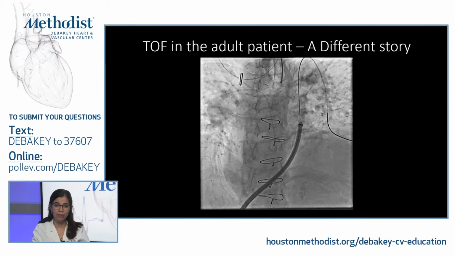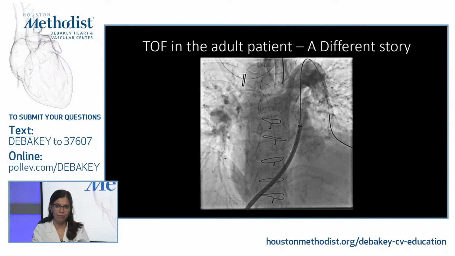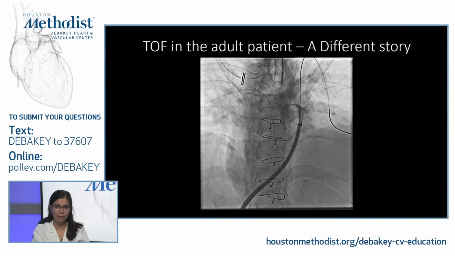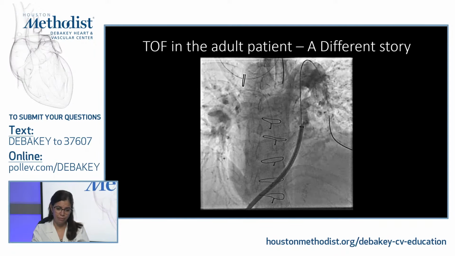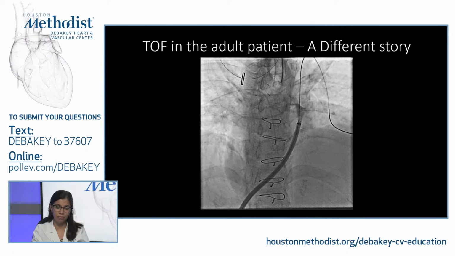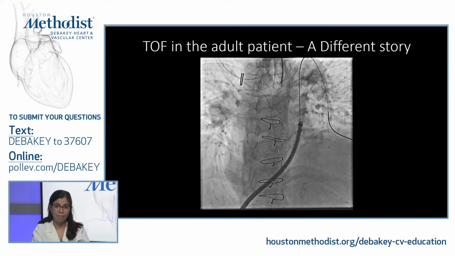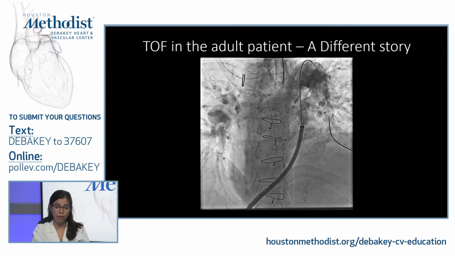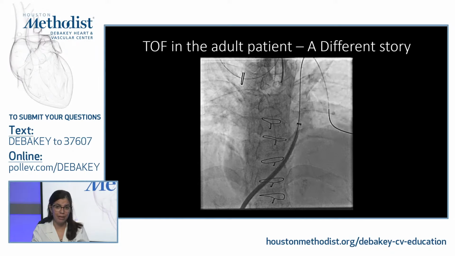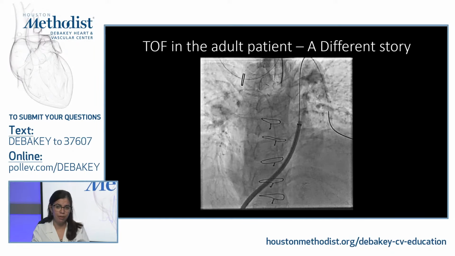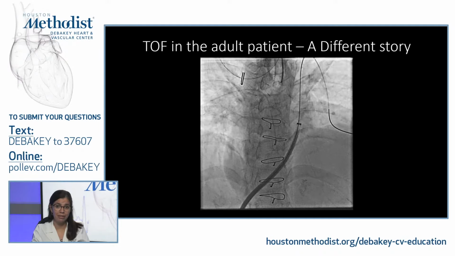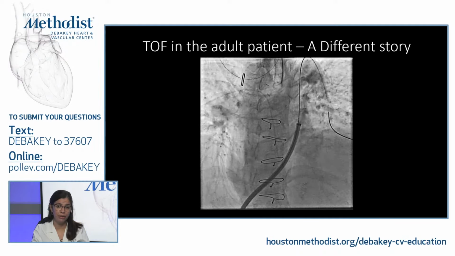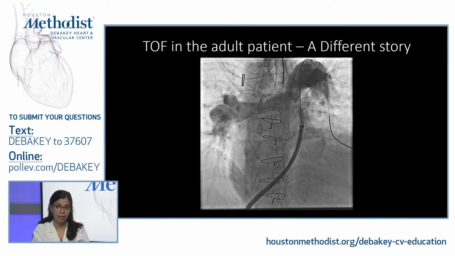Then I would like to highlight a few points. When we use cross-sectional imaging, it's very important to accurately measure the right ventricular outflow tract, because some patients may be candidates for percutaneous pulmonary valve replacement, and we need to provide our interventionalists with the measurements in systole and diastole of the RVOT and the proximal PA.